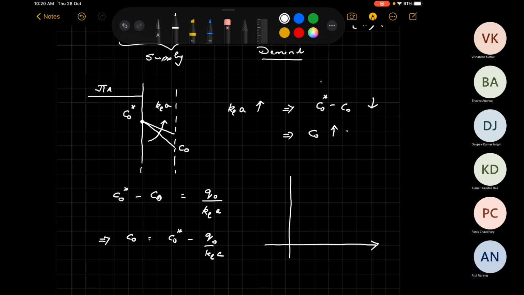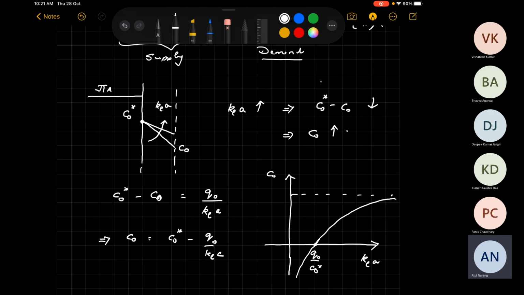Here I have K_L a, here I have C_O. When you plot this graph, at this point K_L a is equal to Q naught divided by C_O star, and C_O is equal to 0, and otherwise it increases like this.